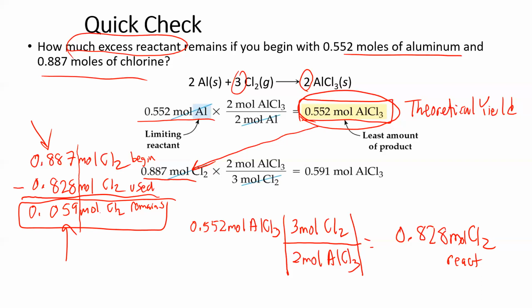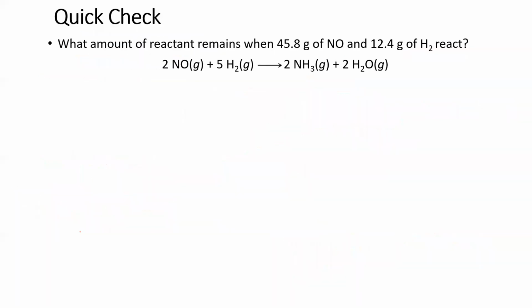But just like we said, we don't only do mole to mole calculations with stoichiometry and gravimetric stoich, we can also do gram to gram. In a previous problem, we did something similar to this. We were asked to determine the limiting reactant and the theoretical yield.